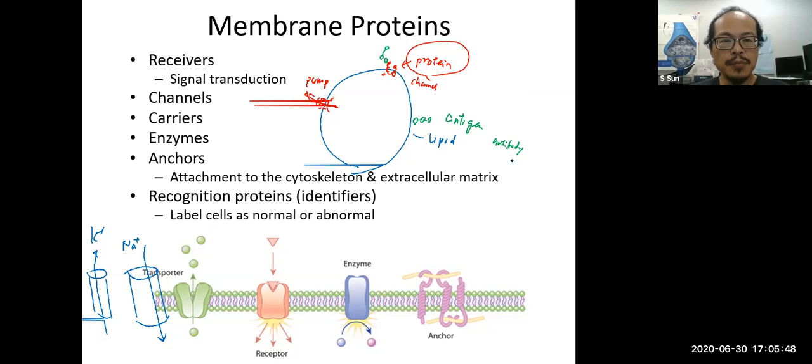So these are the proteins. Protein function can be receptor, channel, carrier, enzyme, anchor, or recognition protein, an identifier, okay? These identifiers are usually decorated with carbohydrates.